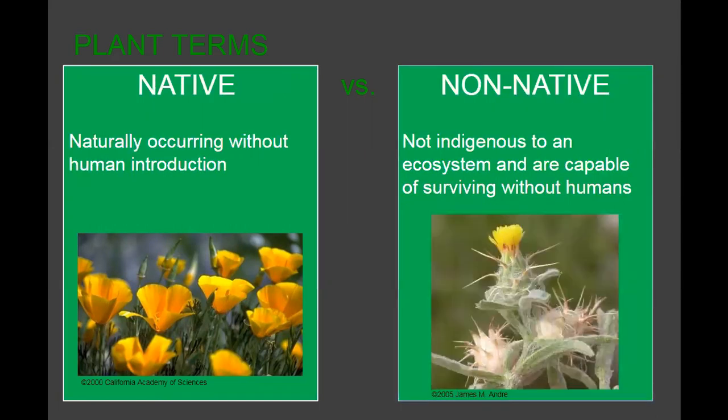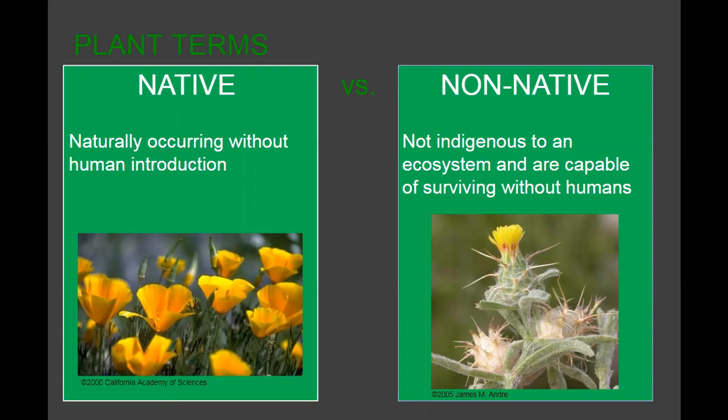And you have native versus non-native. Native is a plant that has naturally evolved in the ecosystem, and that's what I'll be focusing on today. Non-native and invasive are all other terms that we hear from time to time. The difference is that a non-native species is a plant that has been introduced and has naturalized, so it's surviving in the ecosystem, but it's not considered a detriment to the environment it's been introduced to, and sometimes it's even a benefit.